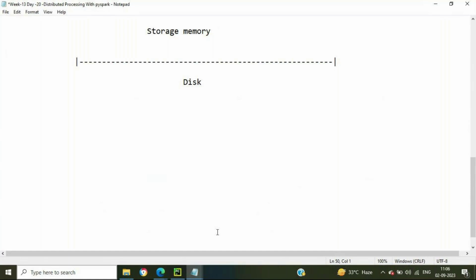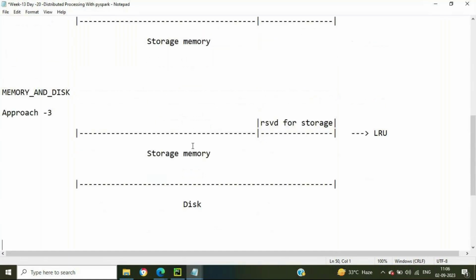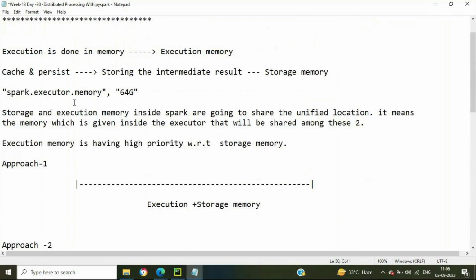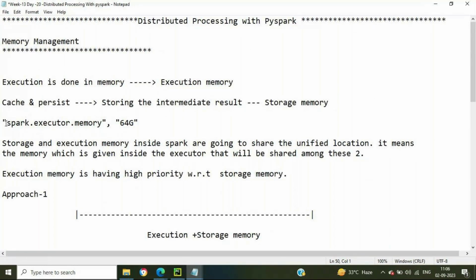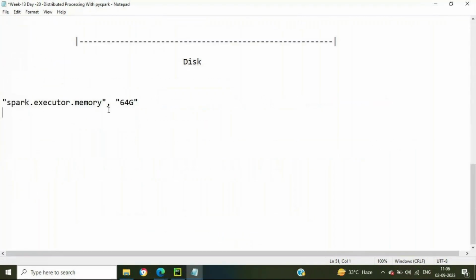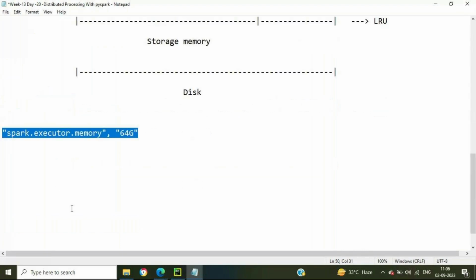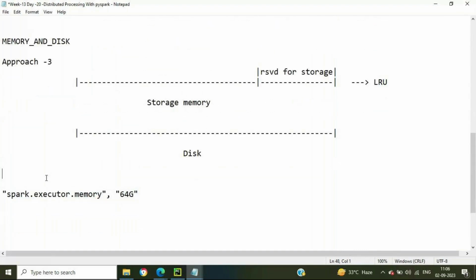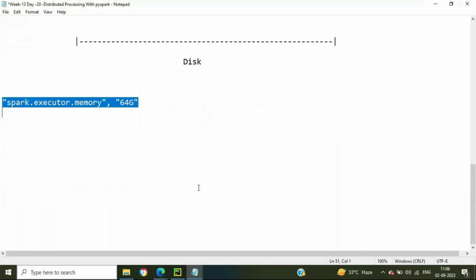So if you mention what I have mentioned over here, like spark.executor.memory 64G, it is not like this is complete for storage and execution memory. What is the internal distribution over here?